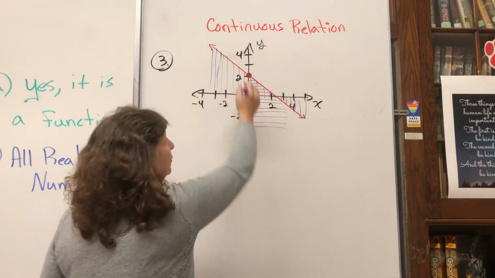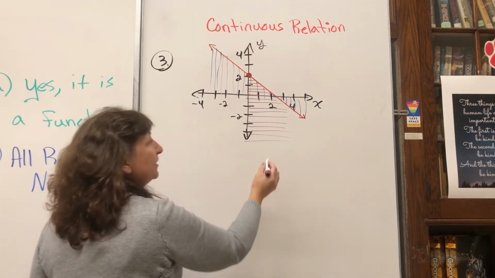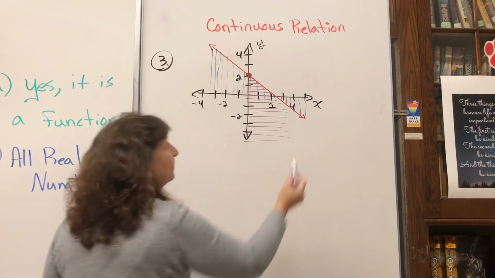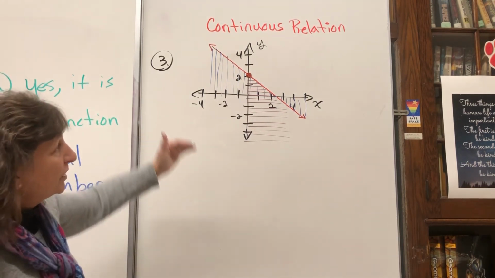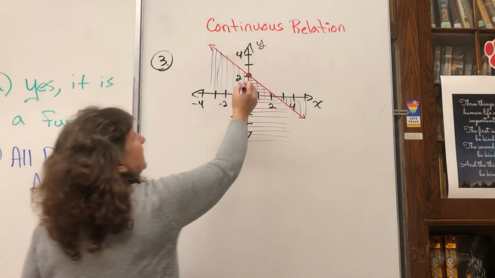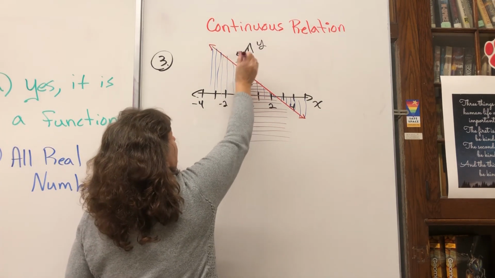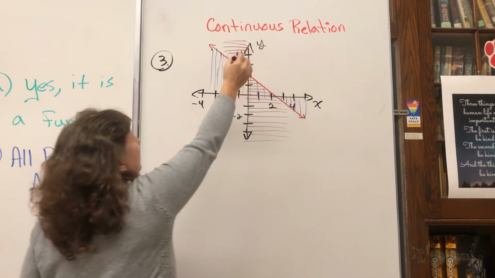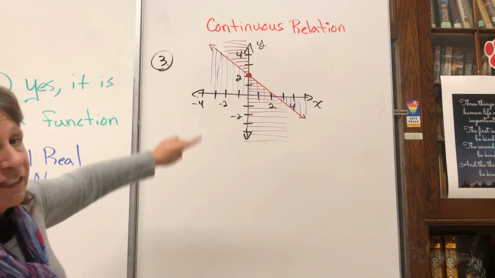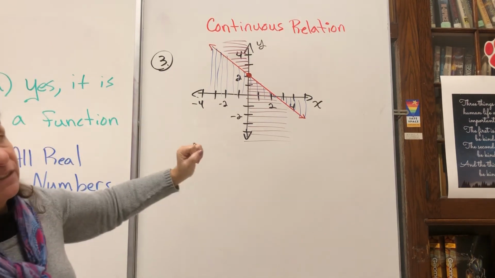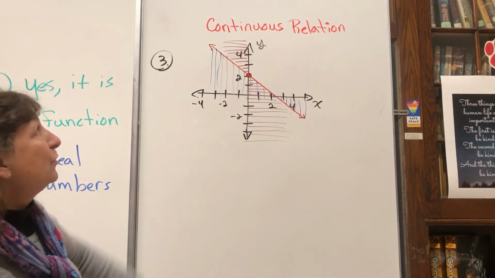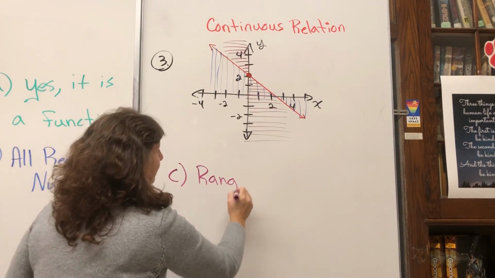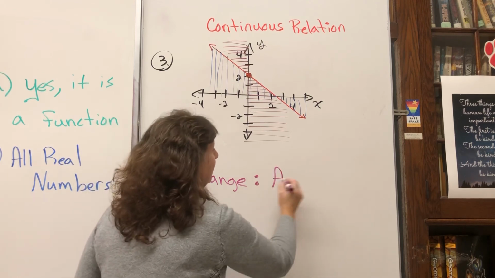So I can continue on the y-axis, every single real number that's on the y-axis corresponds to a point on that line. So it goes to negative infinity, and the same is true as we go up above this point, and we continue every single point to positive infinity on the y-axis corresponds to a point on the line. So my range, part C for the range, that's going to also be all real numbers.